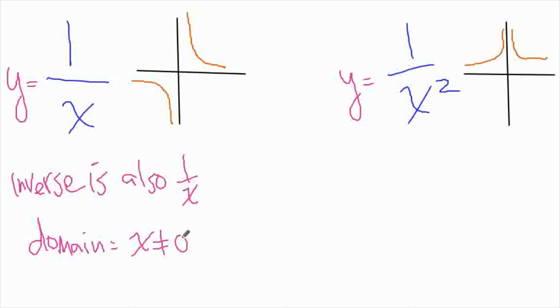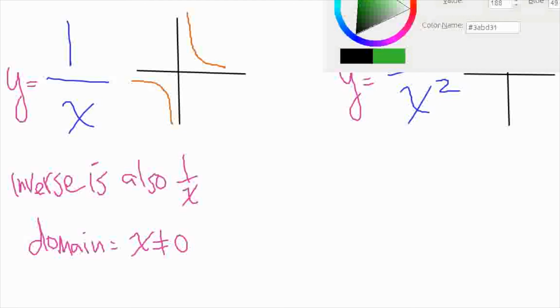All right? Now, for the 1 over x squared, that does not have an inverse. However, we can get an inverse for a limited domain. All right? If we only considered the positive part, let's try to solve for the inverse. Okay?